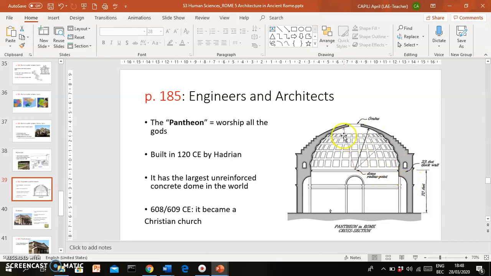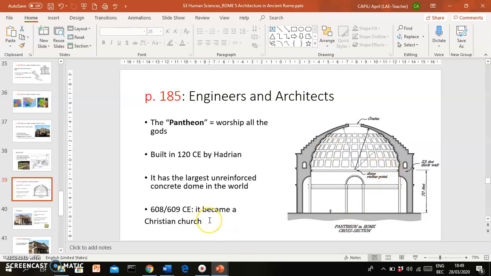That means there's no other support. In some cases you would have a beam here, things like metal support or wooden support that would hold up the roof or the dome, but here you don't have those things.